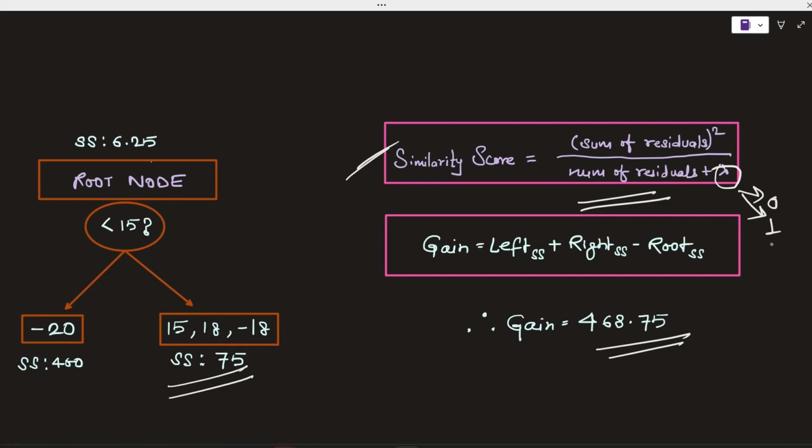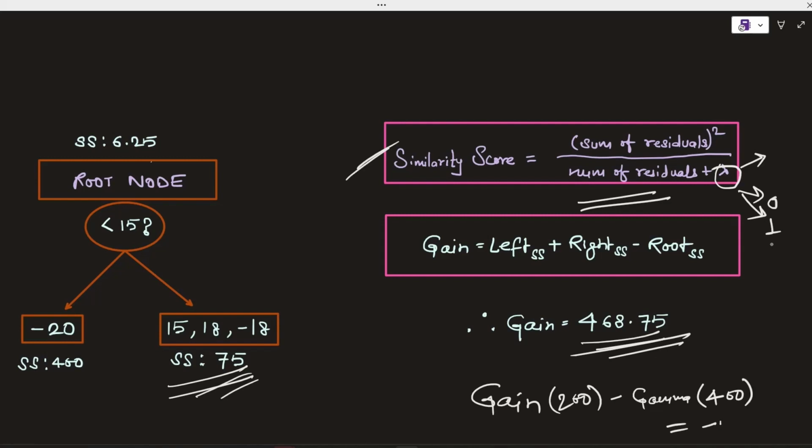In simplified terms, if you are increasing the value of alpha, you will have a lesser value of the gain and similarity score. And when the gain value is very less, let's say for example 200, and you are subtracting the gamma value out of it, and let's say for example it is 400, then it will lead to a negative value.